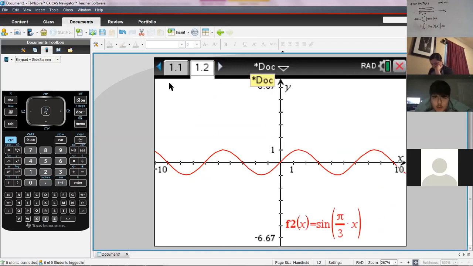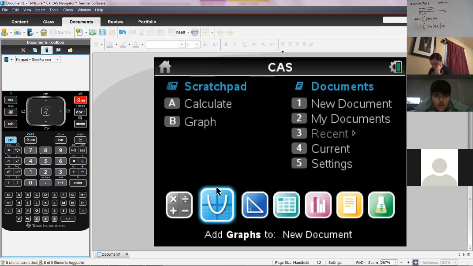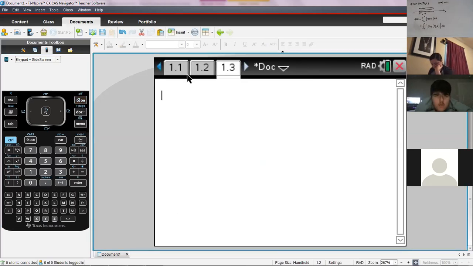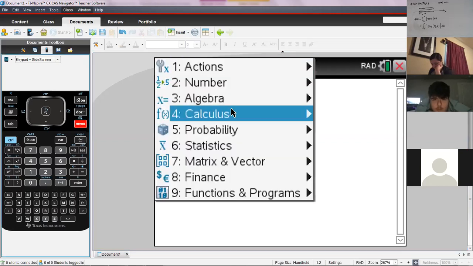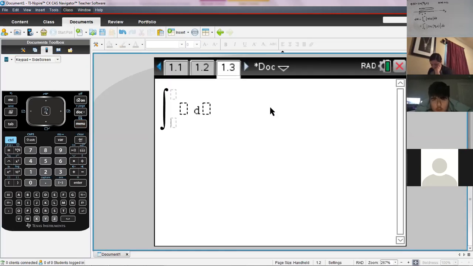So if we do that, let me just go to the screen. Then I put here a calculator page. And then I can put here menu, calculus, integral. And then you put here 0 through 4, correct? And there is something important here that I have to do, right? So this is the absolute value.